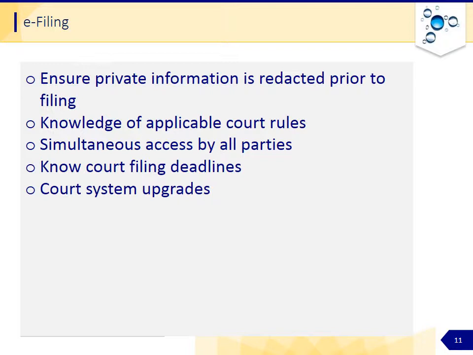And the supporting document, like the loan document or mortgage document, has identifying information on it. Well, that information will need to be redacted because that's private information, although the bankruptcy is public. It needs to be redacted before filing. Not redacting that information and exposing private information, that's an error. So ensuring that private information is redacted is important.